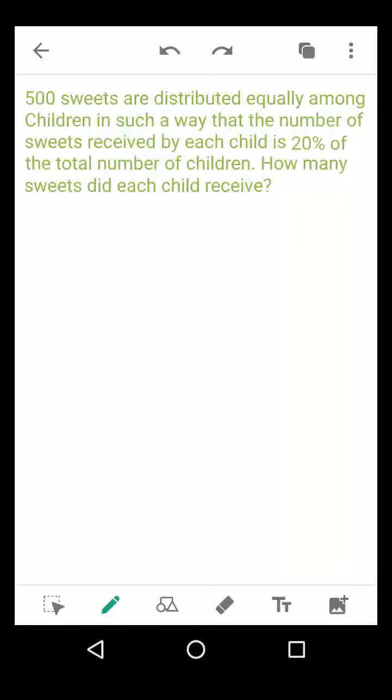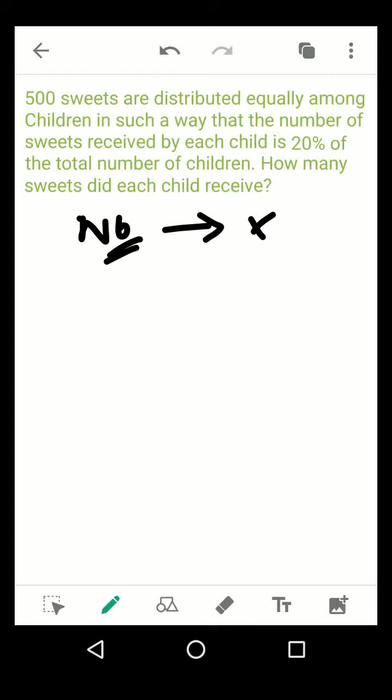So we don't know how many children are there. We need to calculate, so let me take the number of children to be x. Each child will get 20% of x, where x is the total number of children.